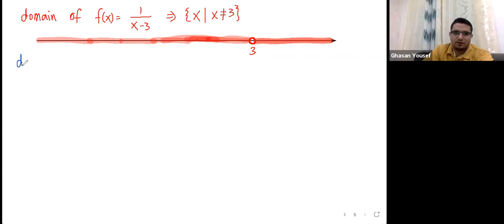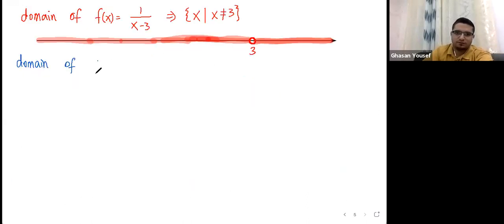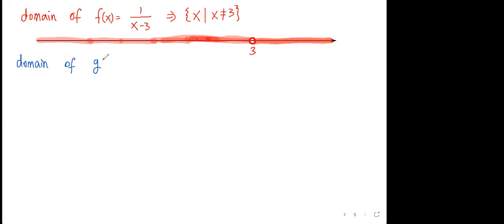Now for the second function, g of x equal the square root of x. That means that every number except negative numbers can be plugged in. So can I plug in the 0? Yes, because the square root of 0 is 0.